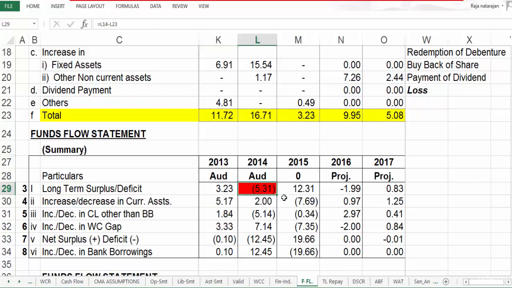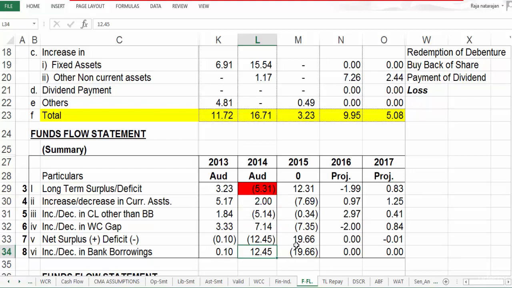In 2014 also, they had a deficit, but in the earlier working, before I changed the numbers, that deficit was managed within current assets and current liabilities. Well and good. But in this example, this deficit is not managed within current assets and current liabilities. It had been shifted to bank borrowings.